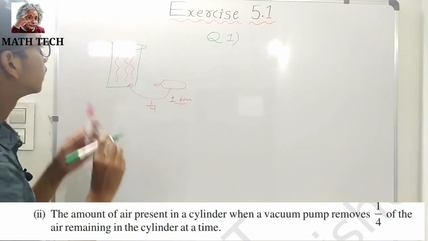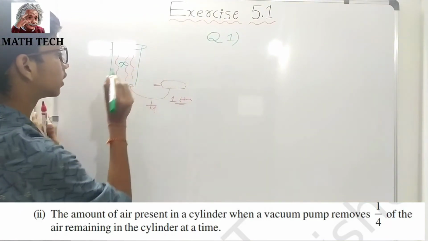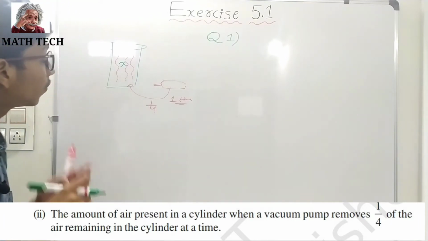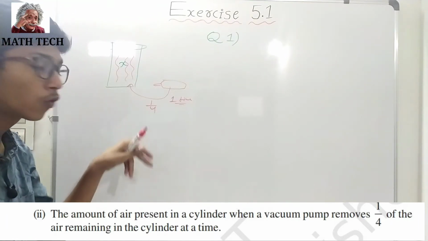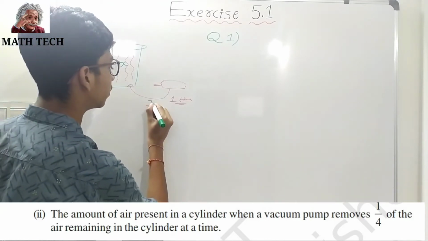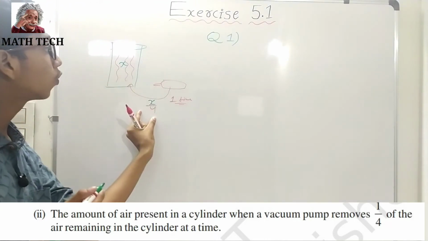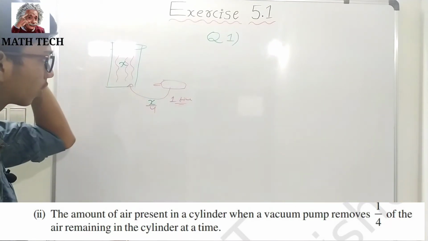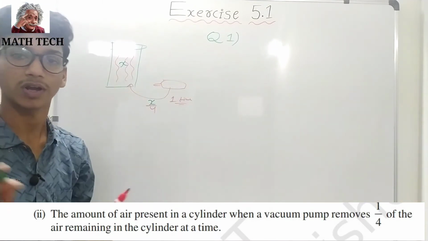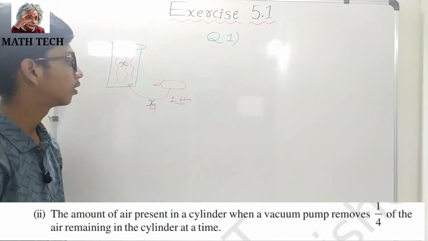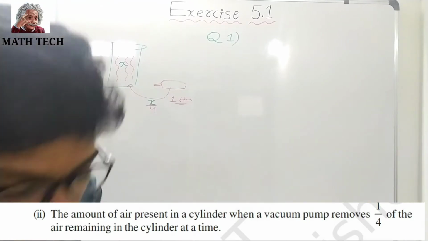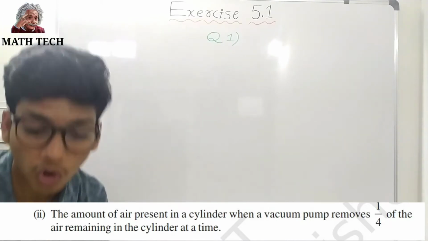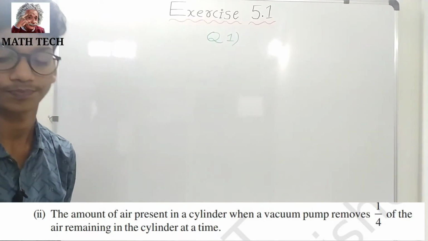Let's assume that x air is present. When x air is present, 1/4 part of x, that is x/4, of the air will be removed by the vacuum pump. Okay, the idea is clear, we have understood the given question.